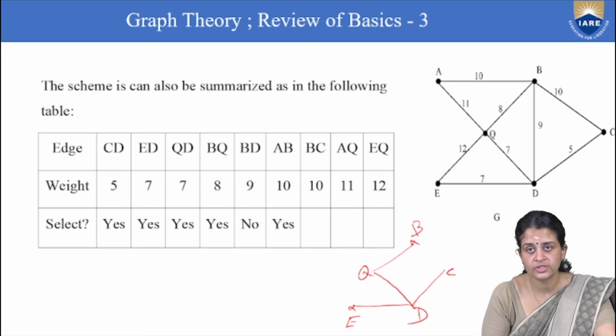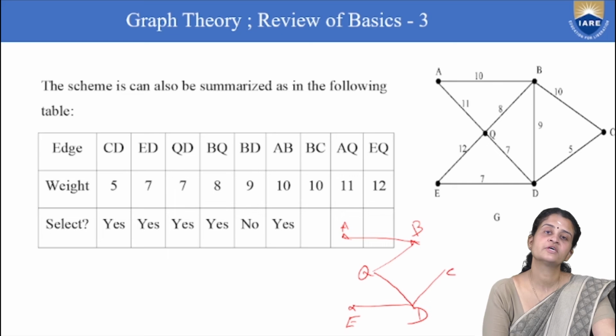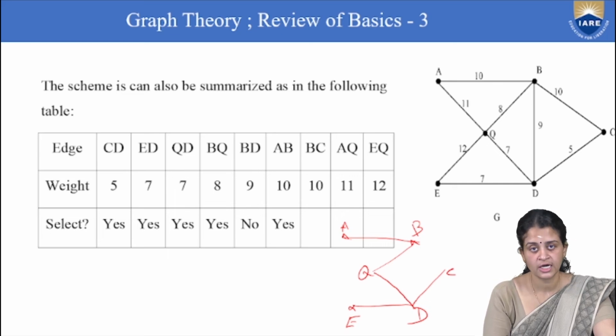Is it possible to put that BD? It's not possible. So then which one is possible? BA is possible. So I am putting that only. BA. This is the working principle of Kruskal's algorithm for finding the minimal spanning tree of a given graph G.